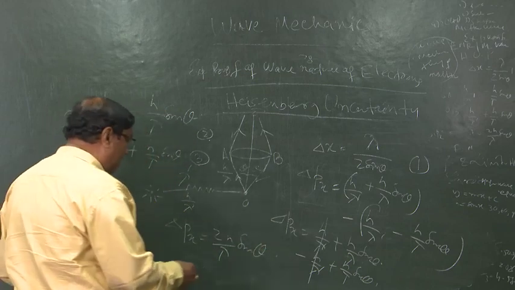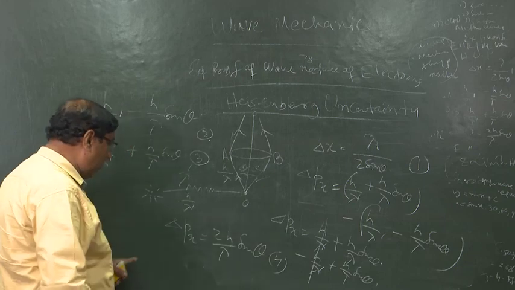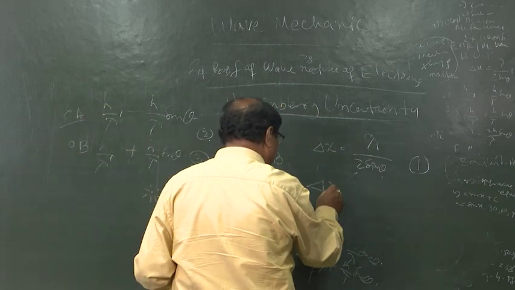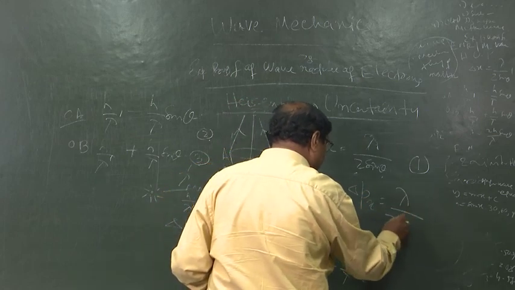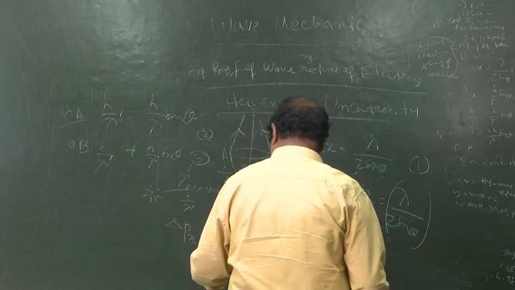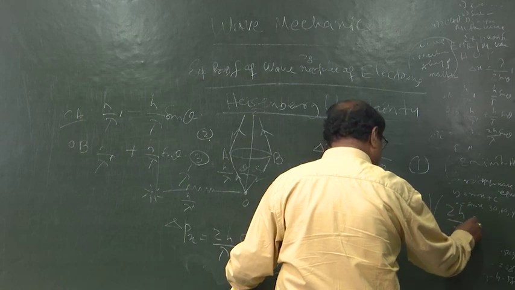This is equation 4. We know the delta x value, and we know the delta px value. Now multiply: delta x, which is lambda by 2 sin theta, times delta px, which is 2h by lambda sin theta.